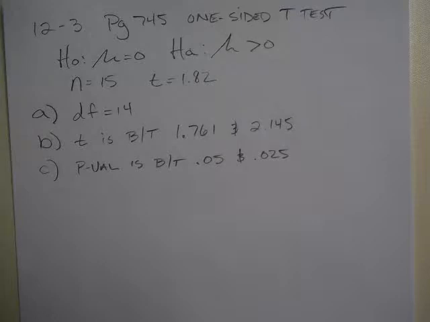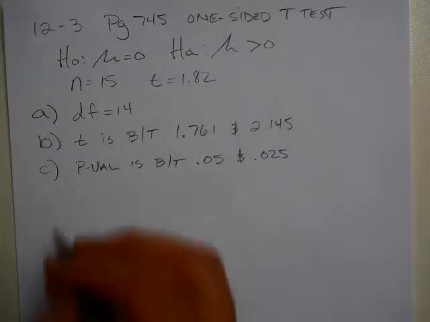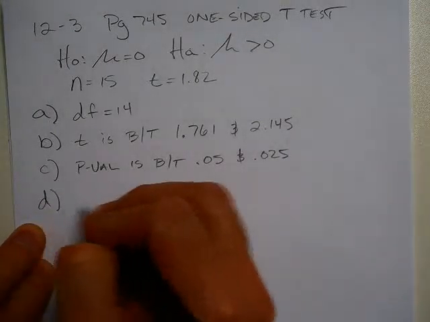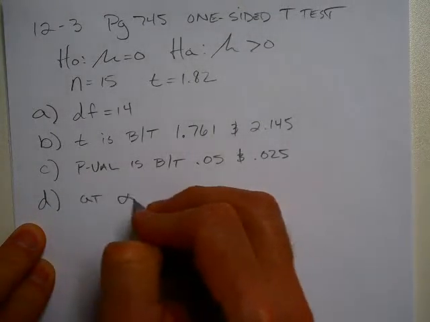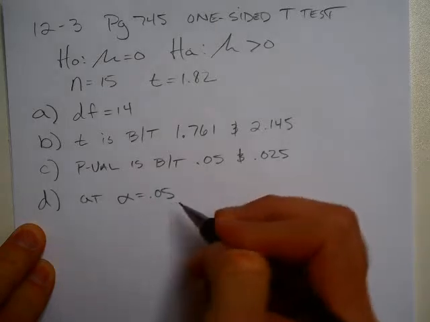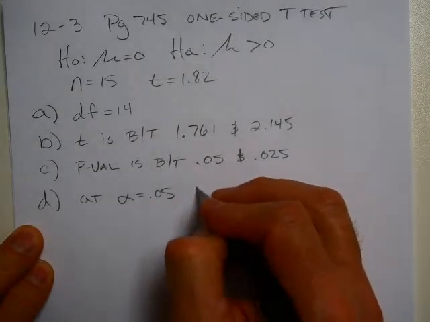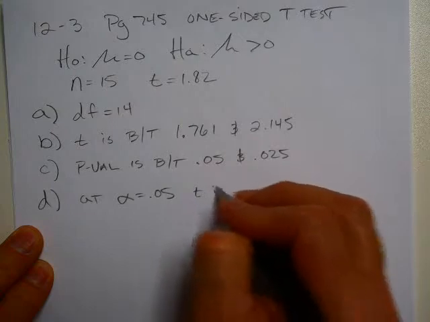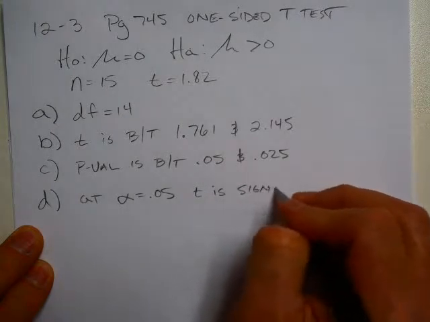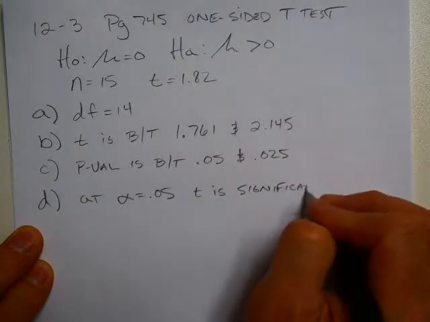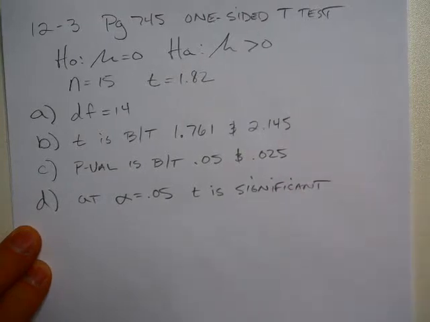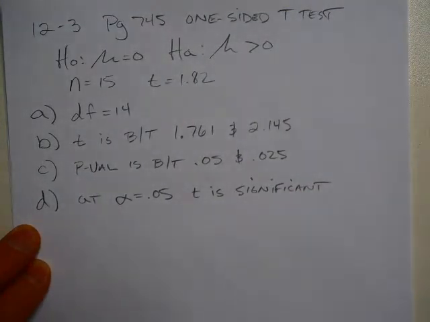Yeah, if alpha is at 5%, it's actually less than or equal to. Even if it was equal to that, which it's not because it's between these two, it's going to be less than 5%. This would be significant. So for D, at alpha equals 0.05, t is significant, which means we would reject the null and conclude that the alternative is true.